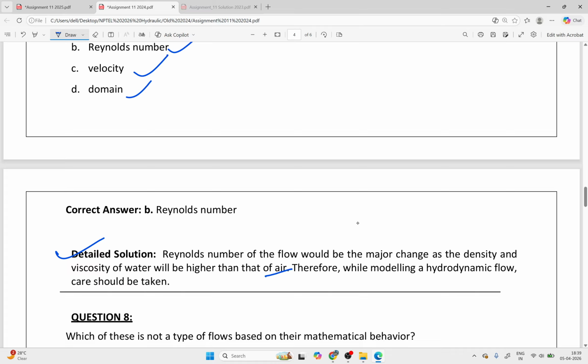Aerodynamic means air, as I gave the hint during the question, and hydrodynamic means the flow in pipe and channel. So definitely density and viscosity will be very different for air compared to water. So Reynolds number will definitely change a lot. Therefore, while modeling a hydrodynamic flow, care should be taken about Reynolds number. Remember.